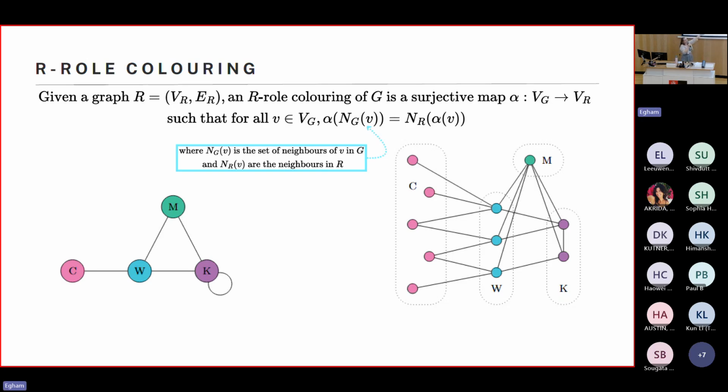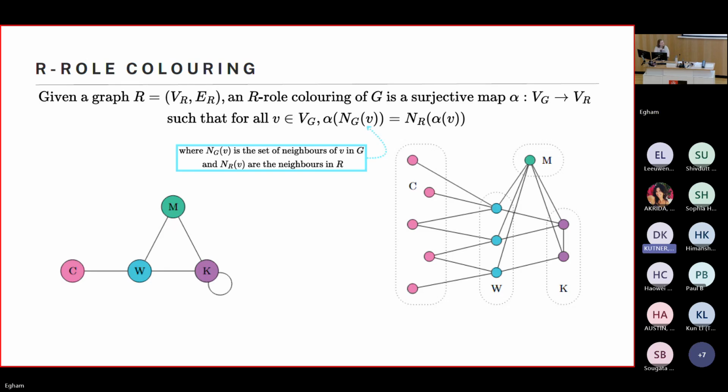And we also allow loops, so our kitchen staff, we're hoping, will talk to each other. Then our second graph shows a coloring that follows these rules. So we have 5 customers and 3 waiters and 2 people in the kitchen talking to each other and 1 manager looking after all the staff.